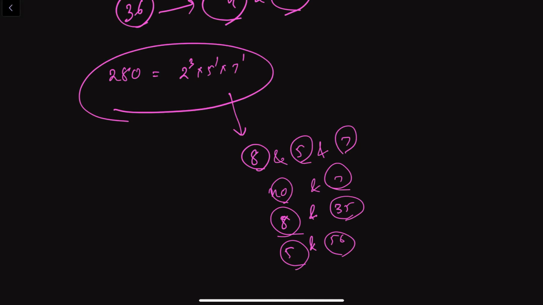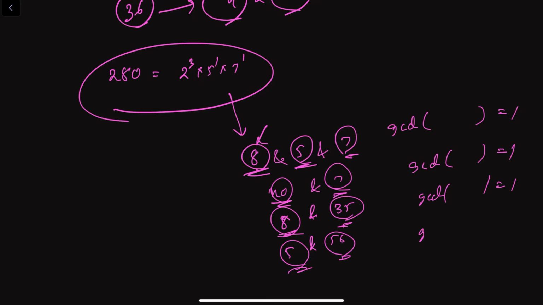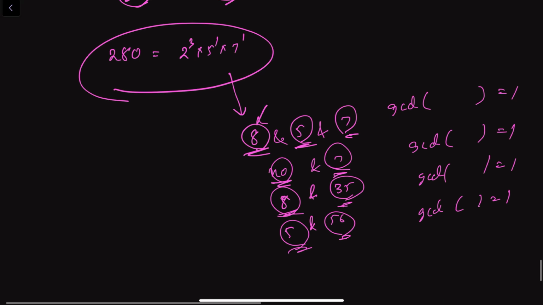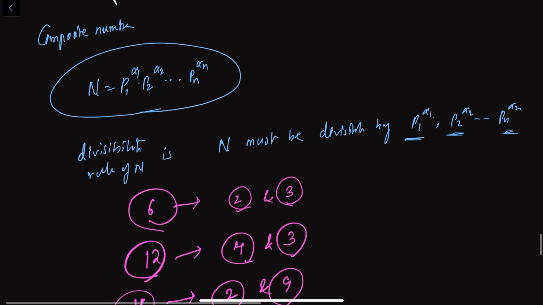We just have to ensure that the individual checks we are doing must be co-prime. Here the GCD of 8, 5 and 7 is 1. Here the GCD of 40 and 7 is 1. The GCD of 8 and 35 is also 1, and the GCD of 5 and 56 is also 1. So that's how we devise the divisibility rules for composite numbers.